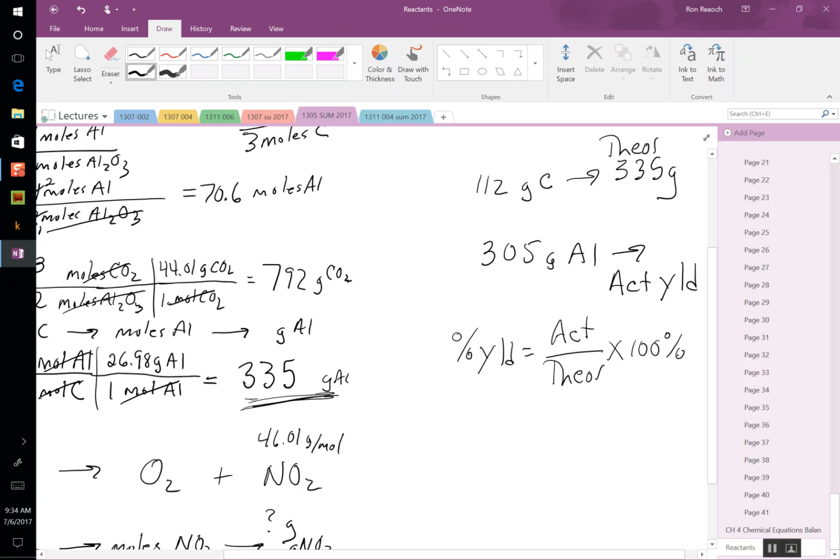That's how you calculate percent yield. So I would say, okay, I isolated 305 grams of aluminum at the end of my experiment. I could have theoretically made 335 grams of aluminum. That would have been 100% yield.